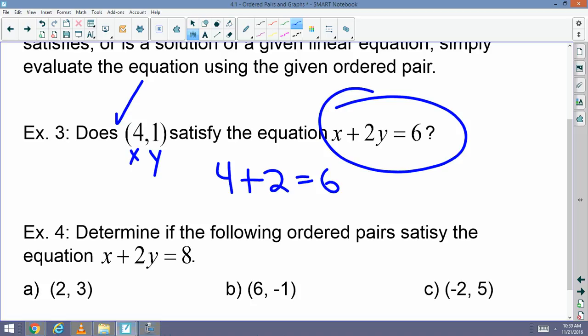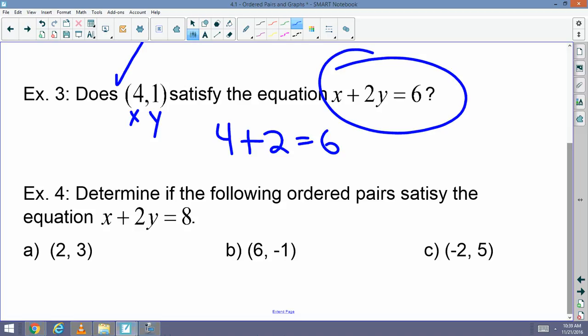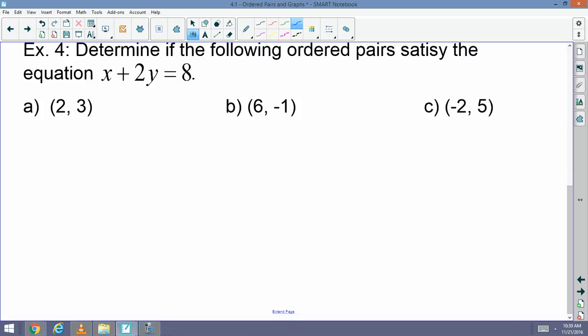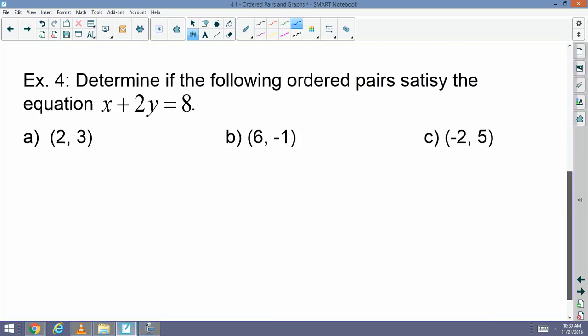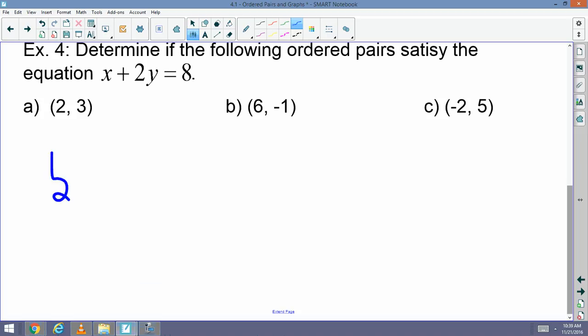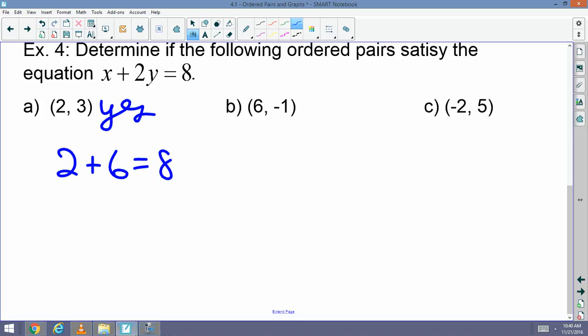Determine if the following ordered pairs satisfy the equation x plus 2y equals 8. Okay, 2, 3. Let's see if that one works. We've got 2 plus 2 times 3, which is 6. That equals 8. Yes. We've got 6 plus 2 times negative 1. That's 4. So that's no, not a solution.